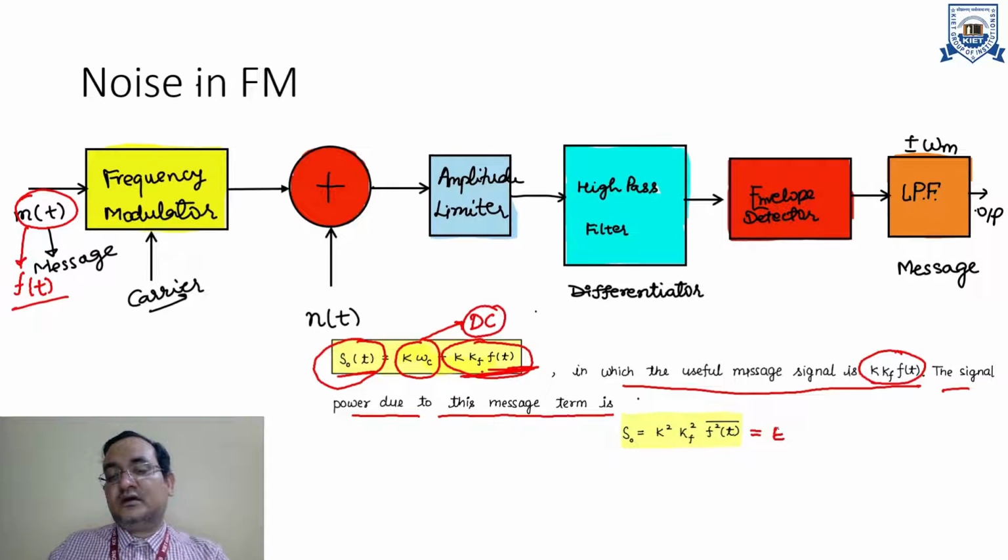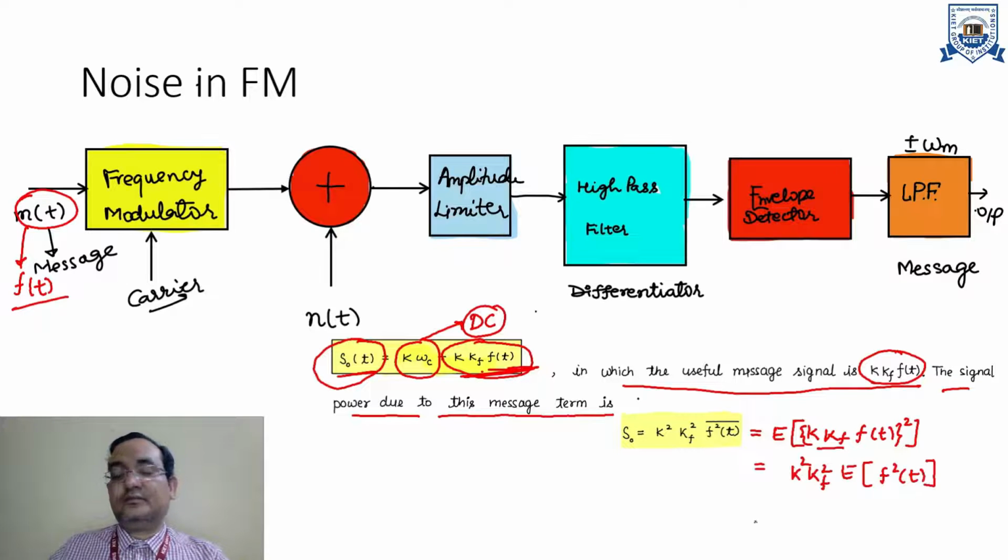This is the expansion, because I have already shown you that the expectation of the mean square value is the power. So it is k into kf into f(t), its whole square, and then its expectation. As k and kf are constants, I take them common from this expression, so it will be E of f square(t), and so on, right?